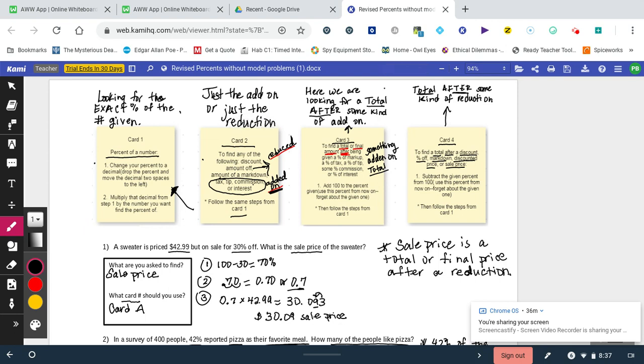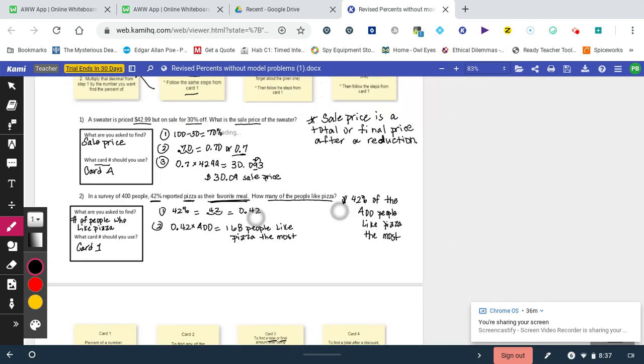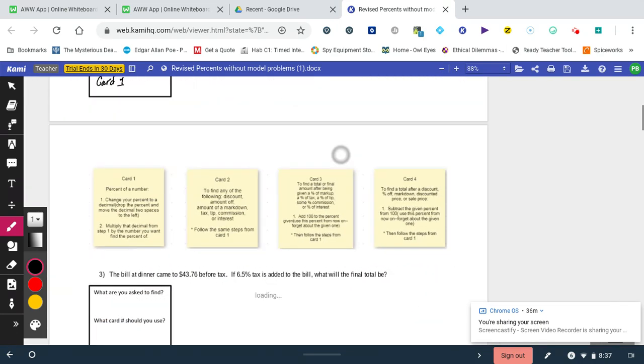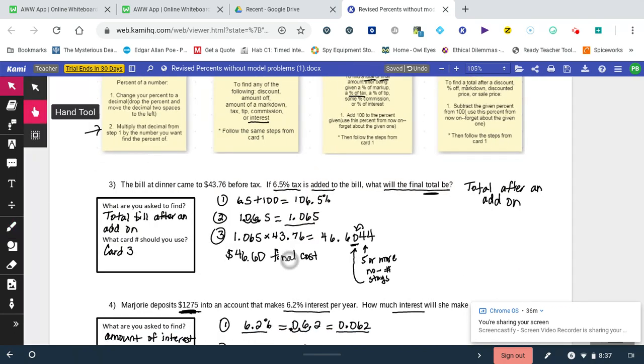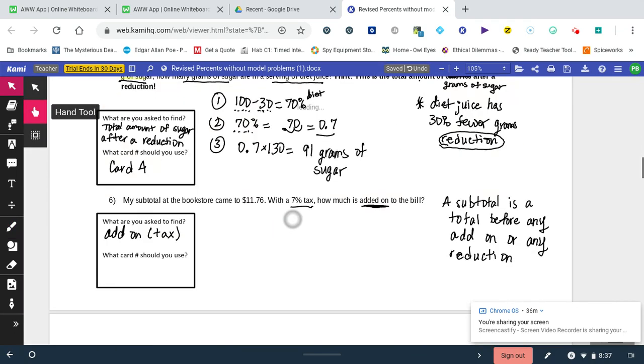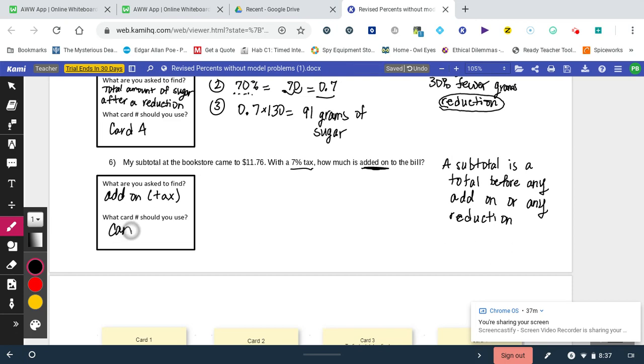Then you would use card 2. Since we're looking for just the add-on, we're going to use card 2. Let me see if I can use this toggle button to get there quicker.